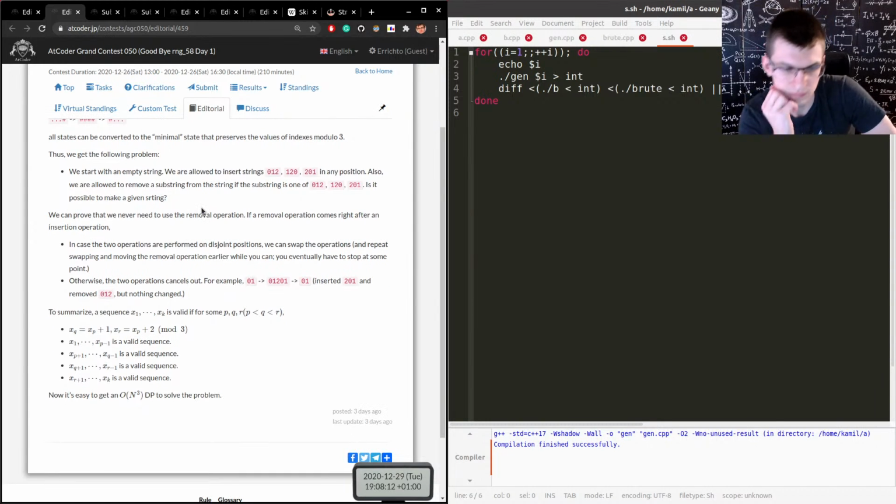Hmm. Well, that's different than my solution. They rephrase the problem as looking at not just the binary string, but looking at a sequence of values 0, 1, and 2, the remainders modulo 3.